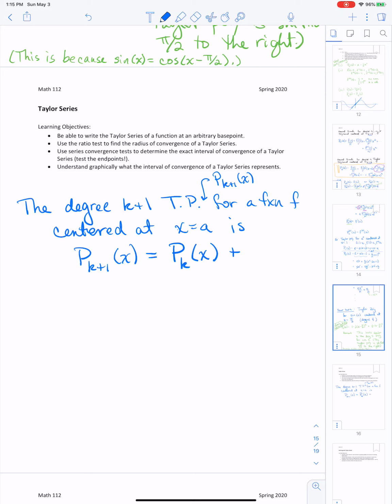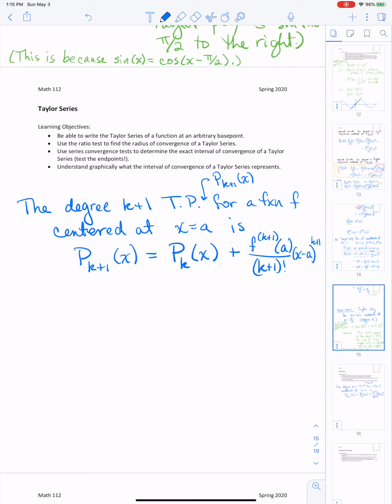And so what is that last term? It's f k plus 1 evaluated at a over k plus 1 factorial times x minus a to the k plus 1.